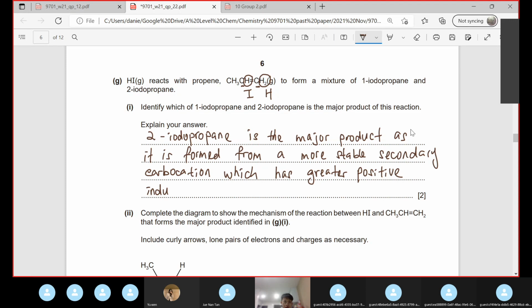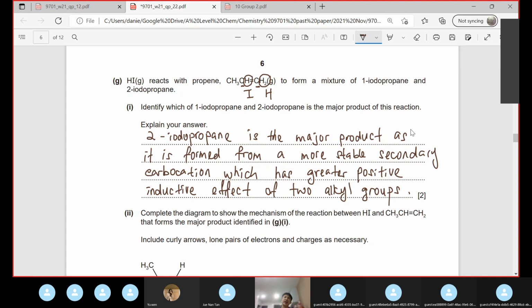All these I have already shown in the notes. Positive inductive effect of 2 alkyl groups. 2 marks here.